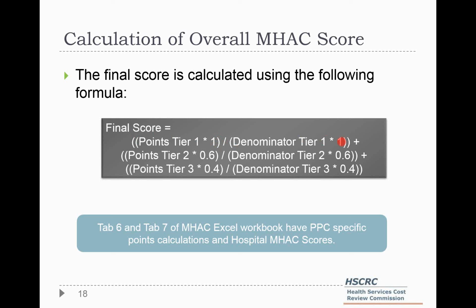And then you take the denominator and multiply it by the weight. You do that then for each, and you just add it up to get the final score. Again, I'll show you this. The formulas are built into the calculation sheet, and I'll show you the tabs on the workbook that have the formulas as well, and show you how the scores are calculated.